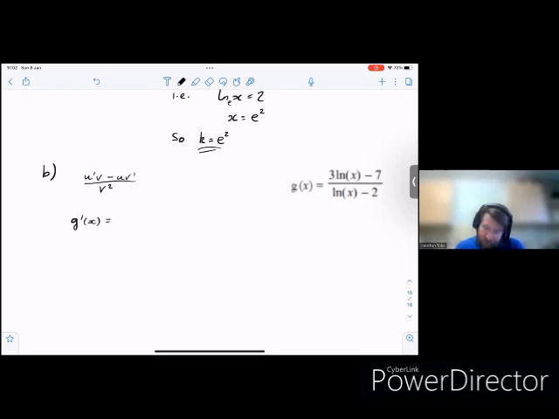Okay, so u dash is going to be 3 over x, because when we differentiate log x, we get 1 over x. The minus 7 disappears. Times that by v, so times that by log x minus 2. Take away u, v dash, so that will be 1 over x, all over v squared.